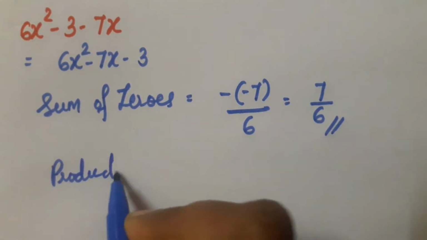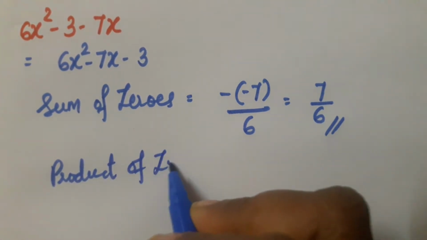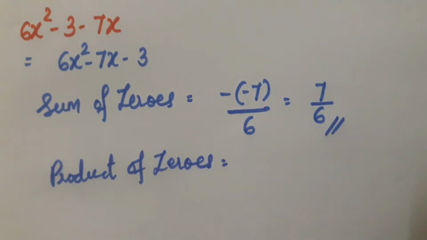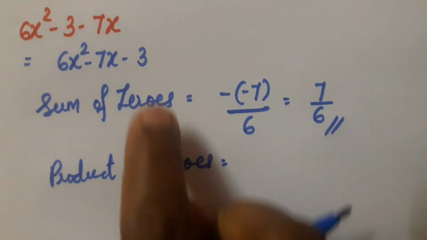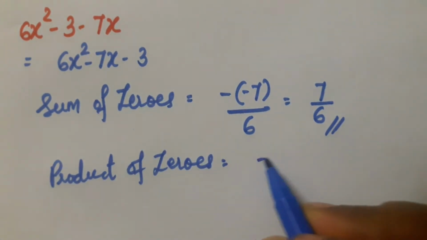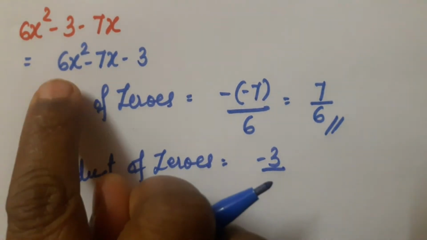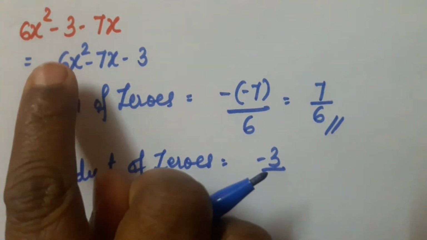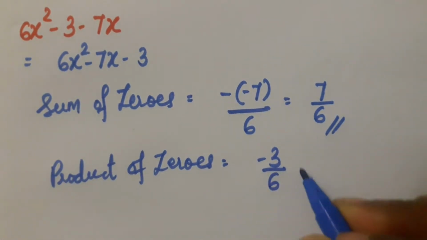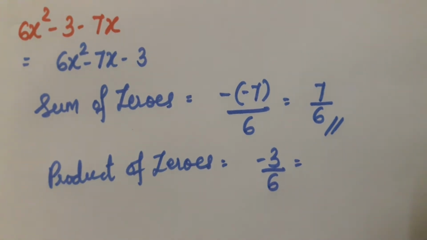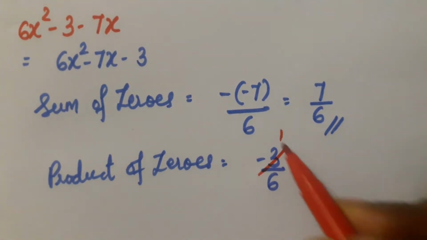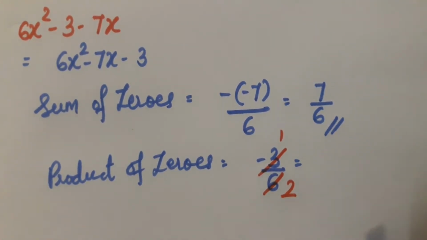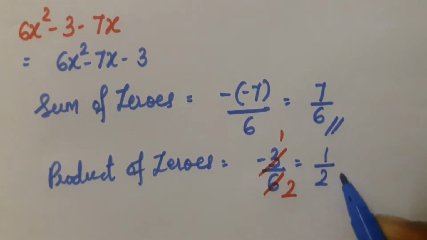So children, you should remember the formulas when you are solving this, right? So the product of zeros is the constant term, which is minus 3, divided by the coefficient of x square, that is 6. So we have minus 3 by 6. I can still reduce this, right? Minus 3 by 6. 3 ones are 3 and 3 twos are 6. So we have minus 1 by 2.